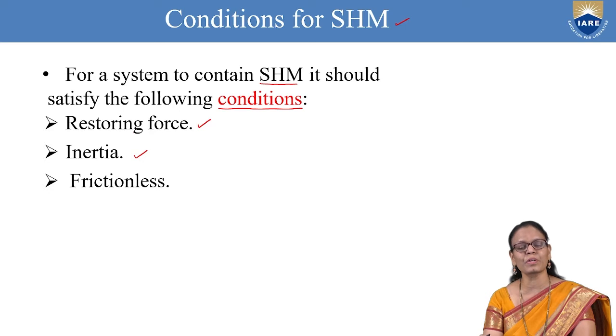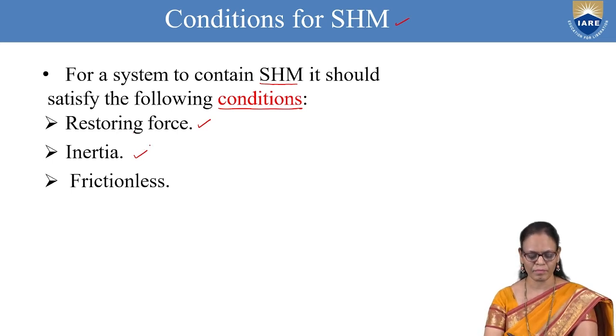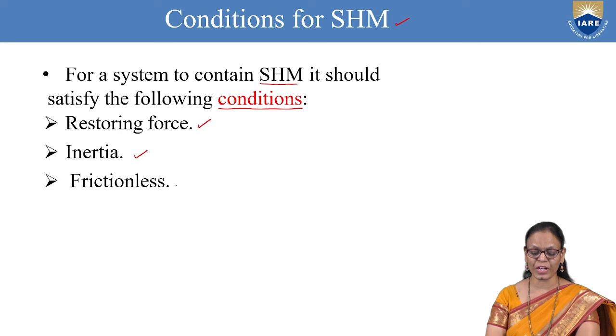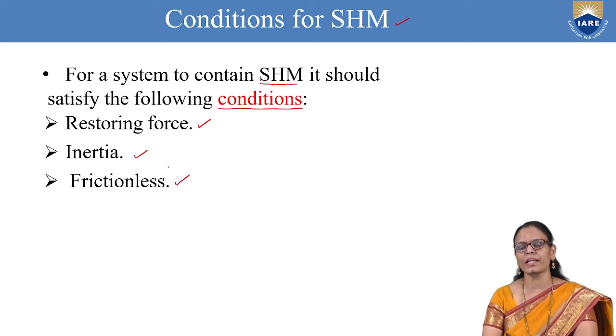It cannot be put in motion without applying any force. That is what we call inertia. So the system needs inertia. And then it should be frictionless. Now we have taken the example of a block moving on a surface which is attached to a spring.